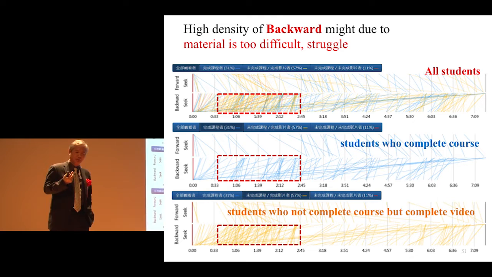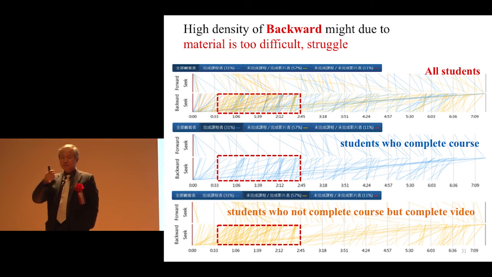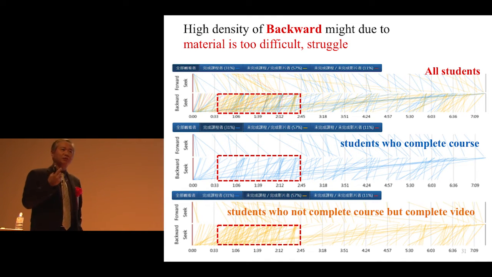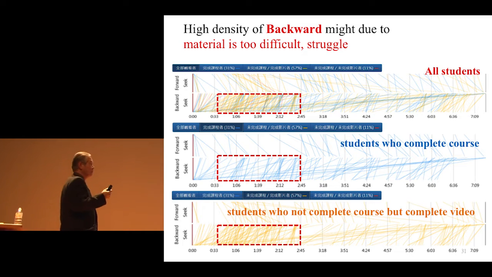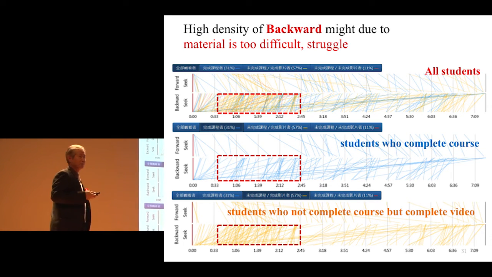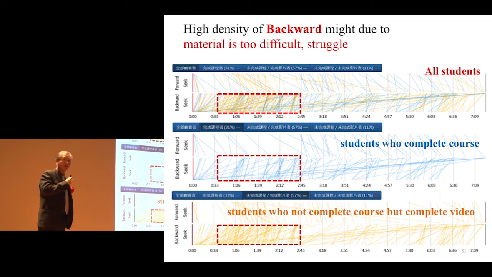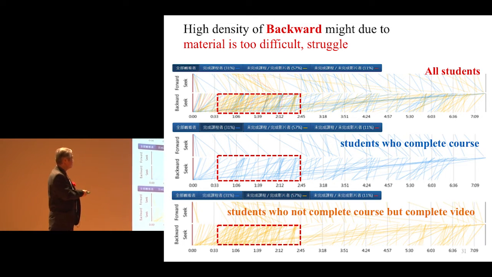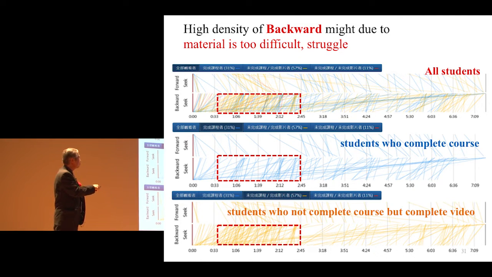This graph is a little bit complicated. In MOOCs, the serious problem is the low completion rate. So we try to improve this by helping students who do not complete the course. Take this video, for example. This is backward.